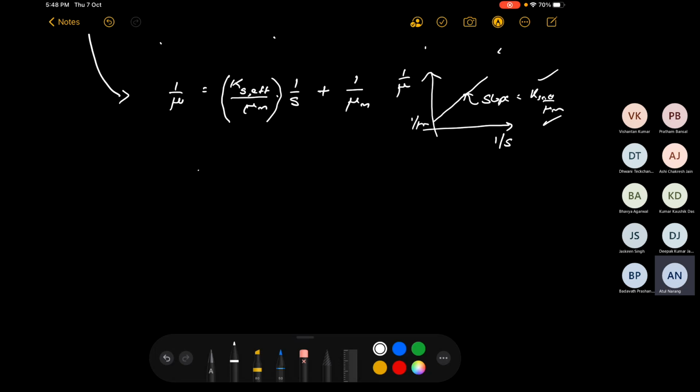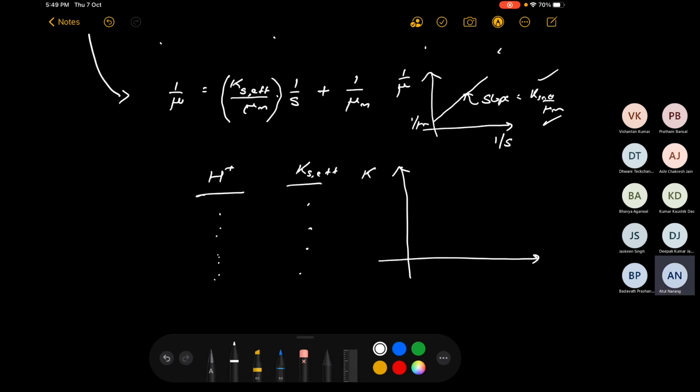This gives you data of this type: for each value of H plus, you get a corresponding value of Ks effective. 1, 2, 3, 4, then just plot it.